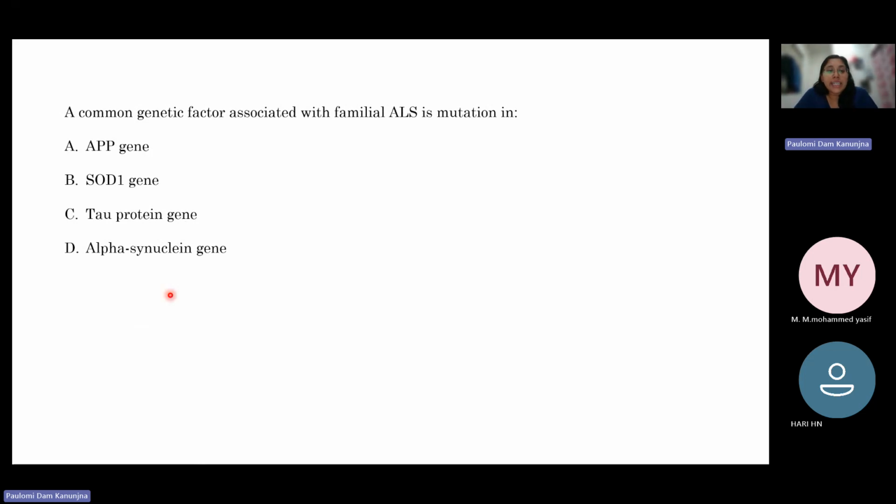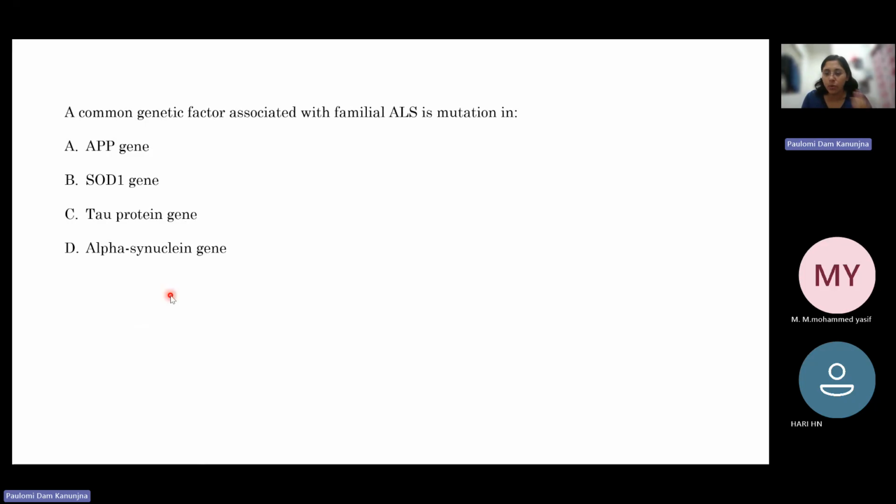Okay, so a common genetic factor associated with familial ALS is which mutation? Basically, we don't really know which reasons or what impacts the ALS, but we know one definite reason, and that was discussed in your lecture notes. If you remember that, that is the answer to this question.